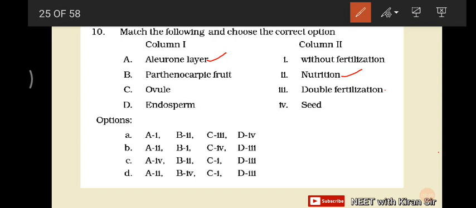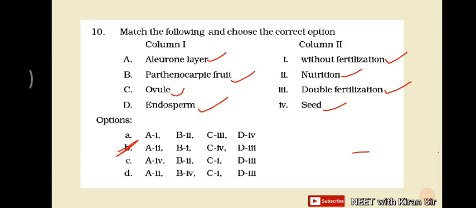Then parthenocarpic fruit forms without fertilization. When I talk about the ovule, it develops into the seed. When I talk about endosperm, it is the result of double fertilization. Then it is option B, that is A2, B1, C4 and D3. So here it is option B. Okay, next one.